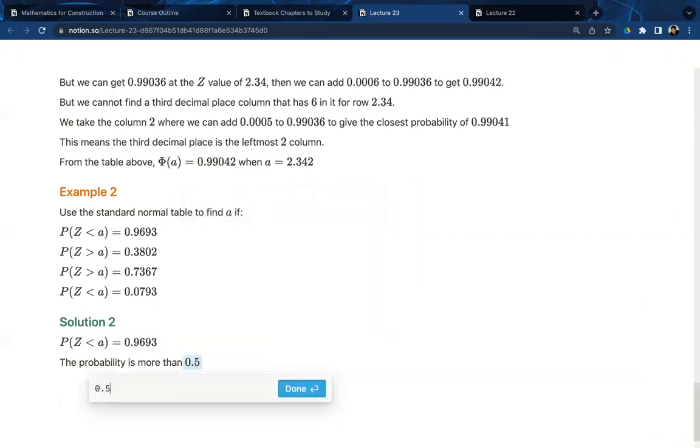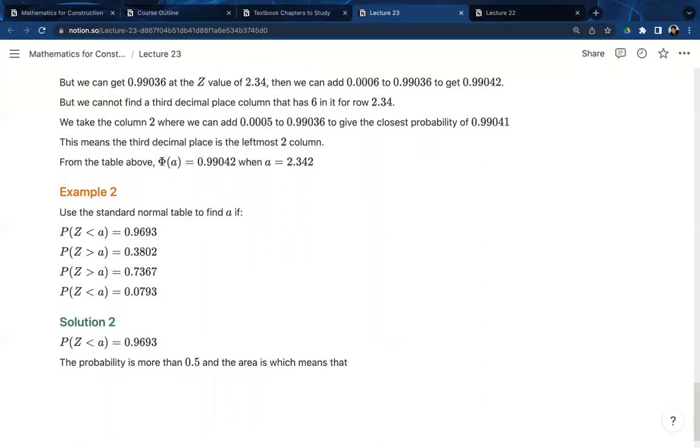Probability is more than 0.5, which means that and the area is to the left, right?